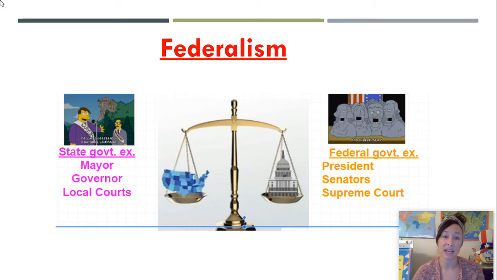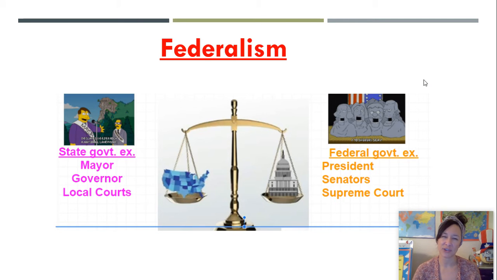The idea was that with two levels of leadership, local leaders and federal leaders, we could secure the nation, okay? And of course, we're trying to balance this out during the Constitutional Convention. And even today, federalism is a big point of discussion in the news lately.